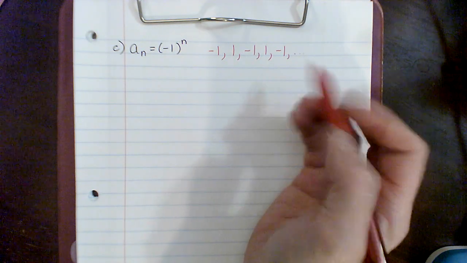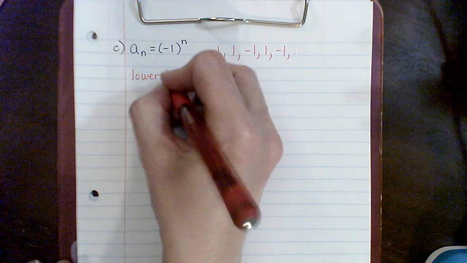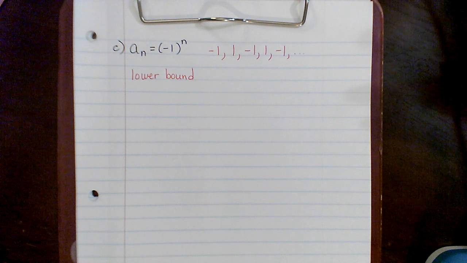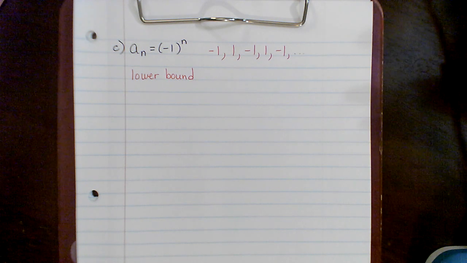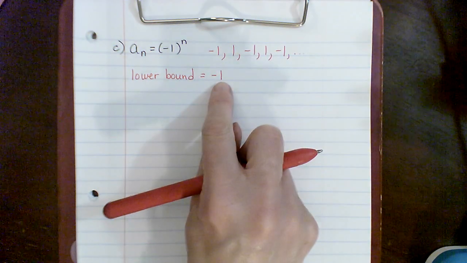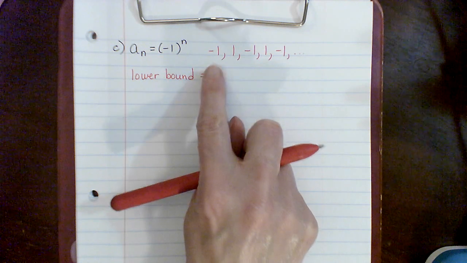Does it have a lower bound? Is there a lower number that this sequence will never go below? And yeah, we do have a lower bound. It's -1. Now, what if you were to say, oh, well, -2 is a lower bound because it'll never go below -2? You're right.